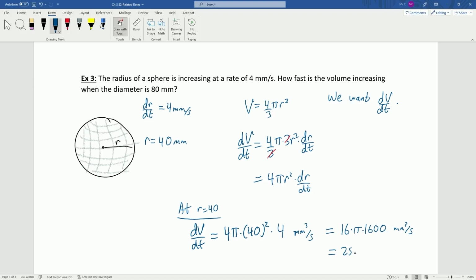And that gives me 25,600 times pi millimeters cubed per second. I said 25,600, I'm pretty sure, but I did not write it. Let's fix that 6 there. 25,600 times pi millimeters cubed per second. Okay, that's it for example 3.